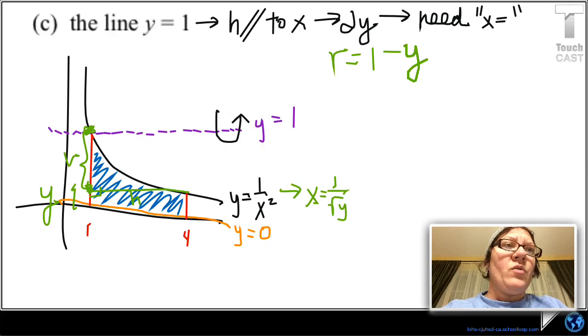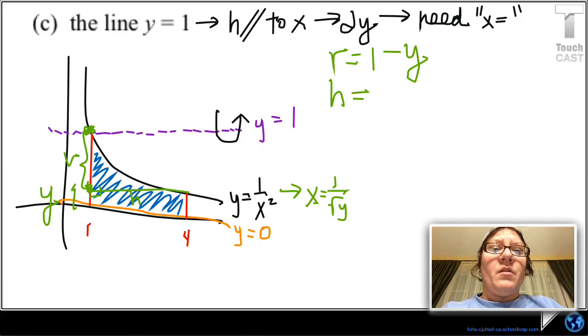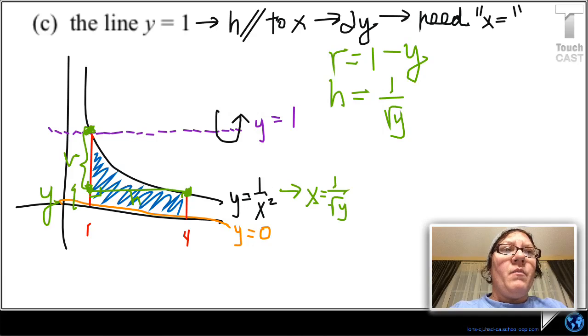So that's going to be 1 minus y. And the height is right, but that's the curve, which is 1 over the square root of y, minus the left, which is 1.